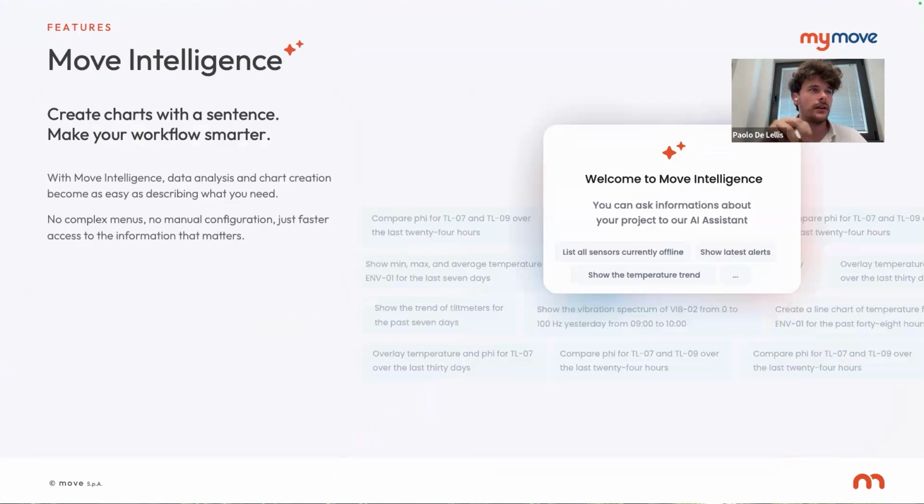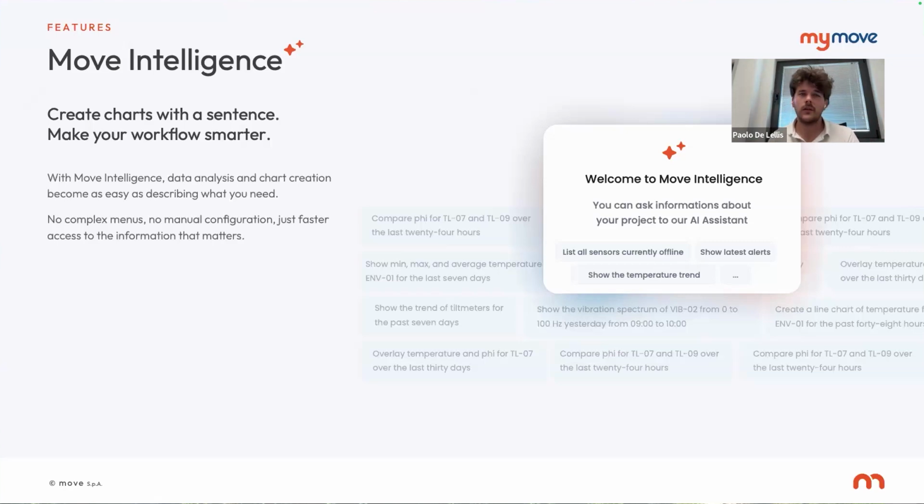Another tool in the platform allows you to simplify the activities that you need to do on the platform. For example, if you need to create a chart to correlate two different pieces of information, or you want only, for example, to see the maximum value of the different sensors that you have in the whole structure, you have the possibility to use, for example, Move Intelligence.